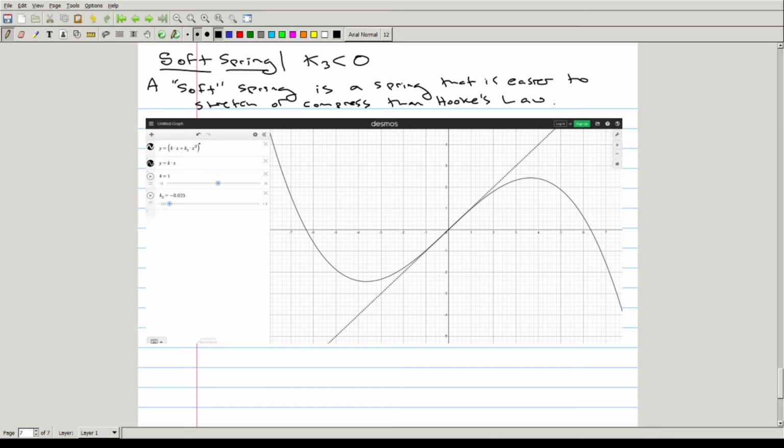And if we have the relationship kx plus k3 x cubed for a negative value of k3, you notice that at any given point, say right here, the value of the tension is less than the value that you would get from Hooke's law. Same thing for our compression. Look at this right here. The value of compression here is of a lesser magnitude than the value from Hooke's law. So this is why we call negative k3 a soft spring.